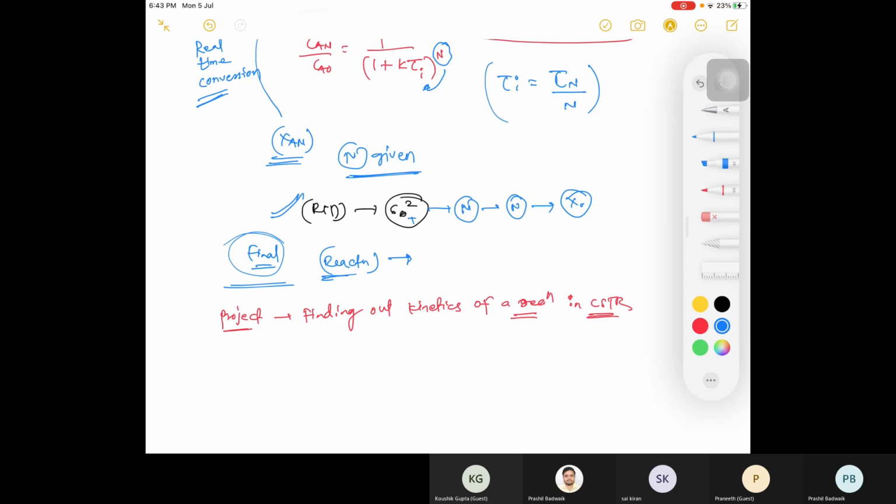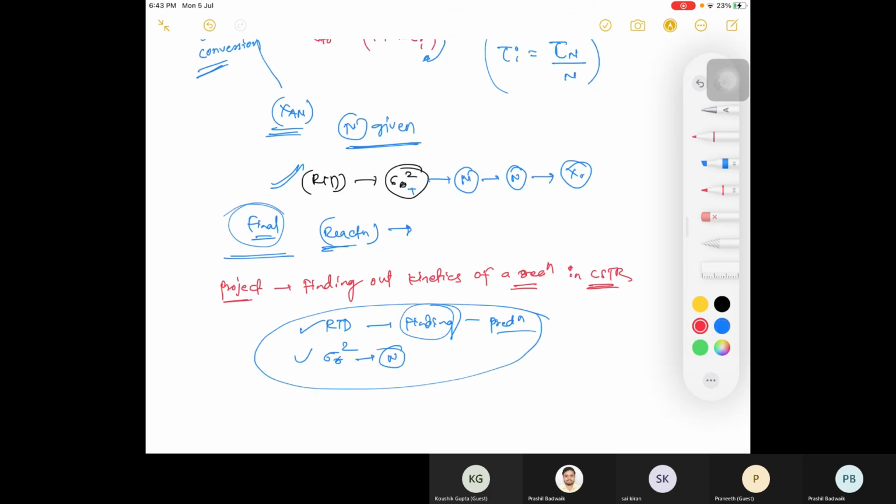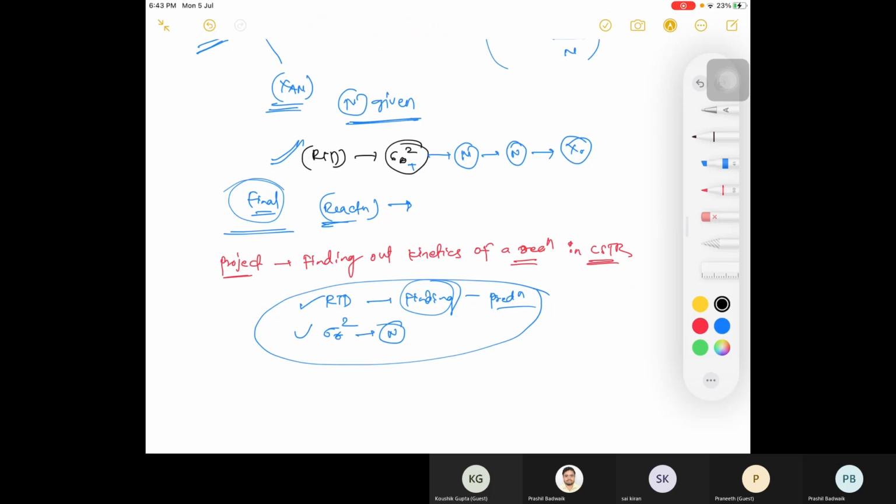So for any reaction, if you are doing RTD, then you are finding out results. Based on this, you are predicting some things. Then you calculate sigma theta square. You represent it in terms of your number of tanks and all. So this is finding out the kinetics of the reaction.